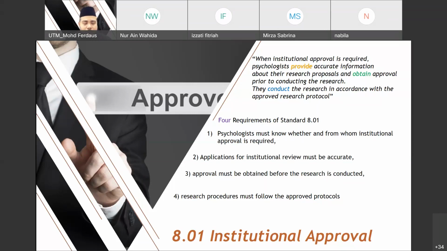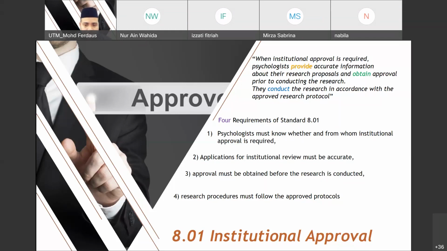I think you have done a number of assignments already since you're in your second year. When we do research, we need to identify which authority levels we need to approach and seek permission from. I'll give you an example in a school. Say you have a parent, an uncle, or a teacher working in a particular school, and you want to conduct research about, for example, the personality orientation of secondary school students.